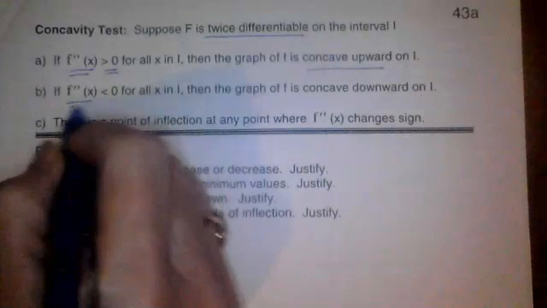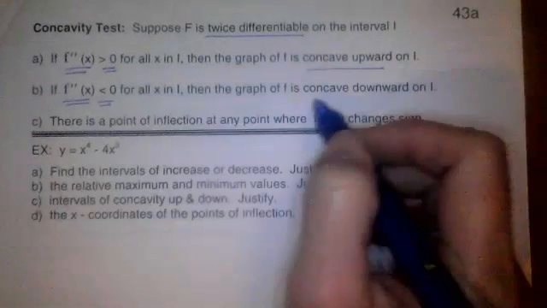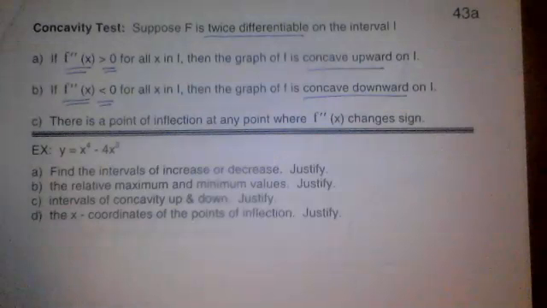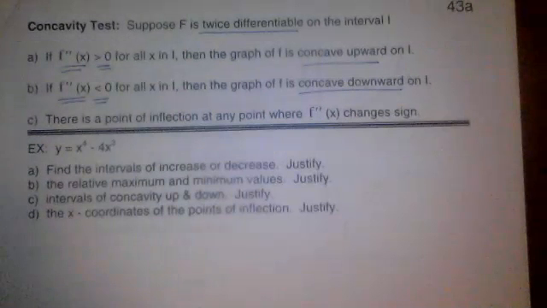If our second derivative is negative, then it's going to be concave down. So anywhere that our second derivative number line changes sign, there's a point of inflection, and it will change from concave up to down or down to up. So it's very, very similar to increase and decrease.